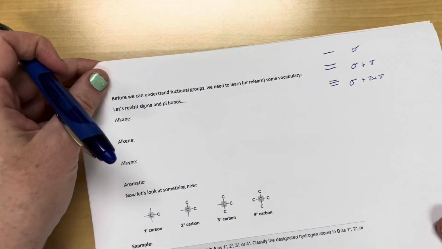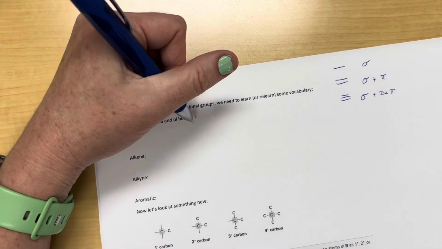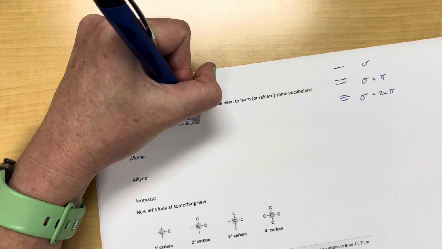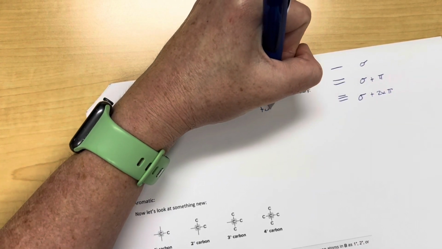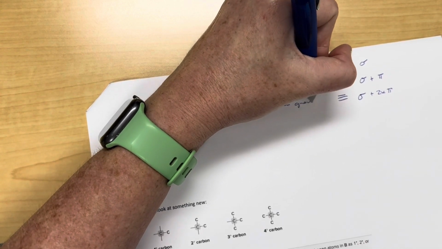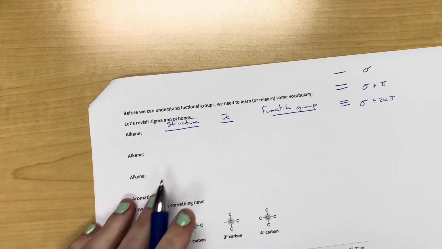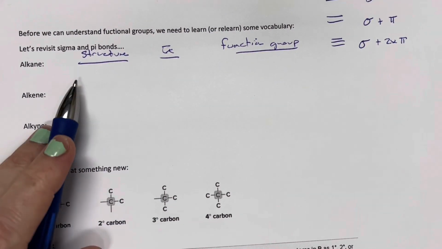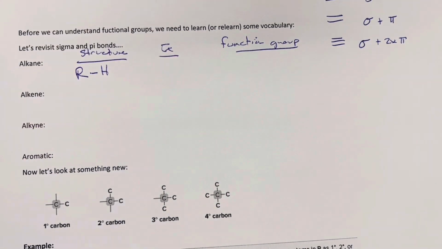So in an alkane, where we just have single bonds, let's say this is the structure. Let's make a little chart here. Let's give you an example, and what the functional group actually is. Okay, so structure, example, and functional group. For our alkane, our structure would be some kind of R containing thing to a hydrogen, just a single bond.